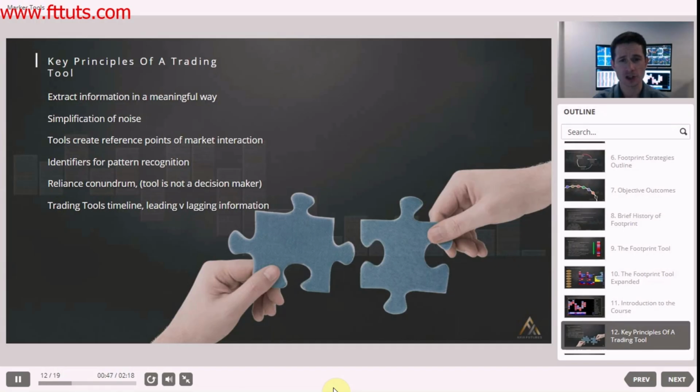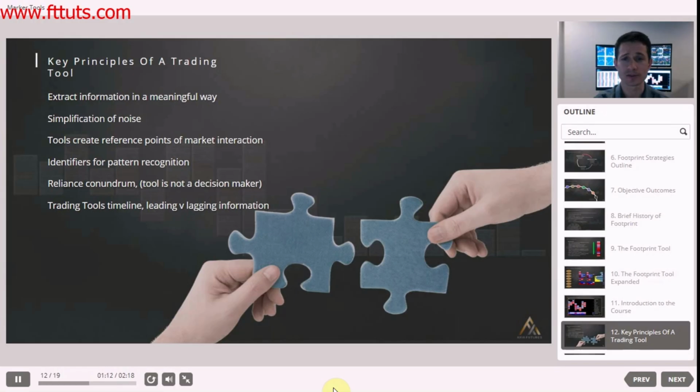Like I showed you in the example on the blackboard, the footprint is merely taking all the information available and putting it into a summarized version so that I as a trader can make effective decisions. By that very nature, if it's summarizing all the information, it's effectively simplifying and reducing all the noise.